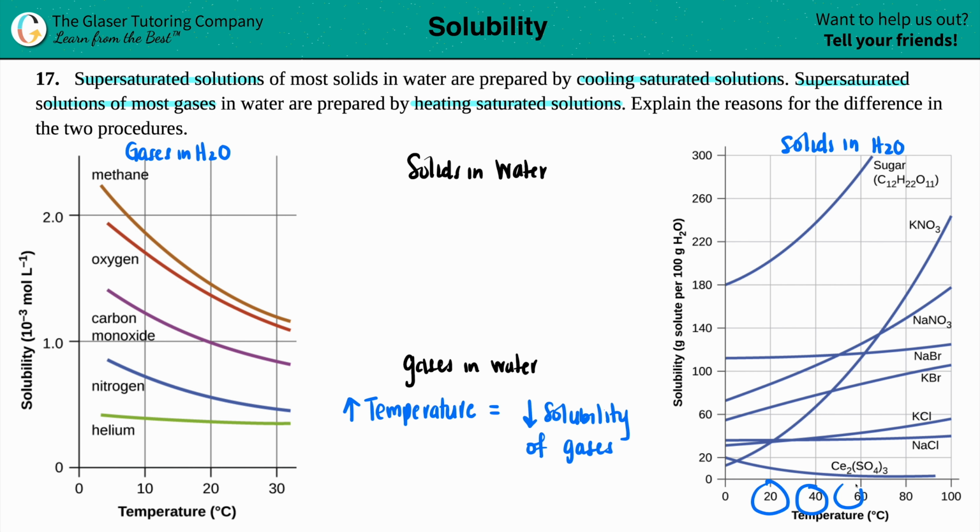As the temperature is increasing, look at the lines of the solids, right? NaNO3, that would be a solid, that's a salt. NaBr, KBr, these are all ionic compounds, except for the sugar, which is covalent. But still, sugar is in a solid form. And as the temperature is increasing, what's happening to the total amount of solubility? Yeah, in this case, it's increasing.